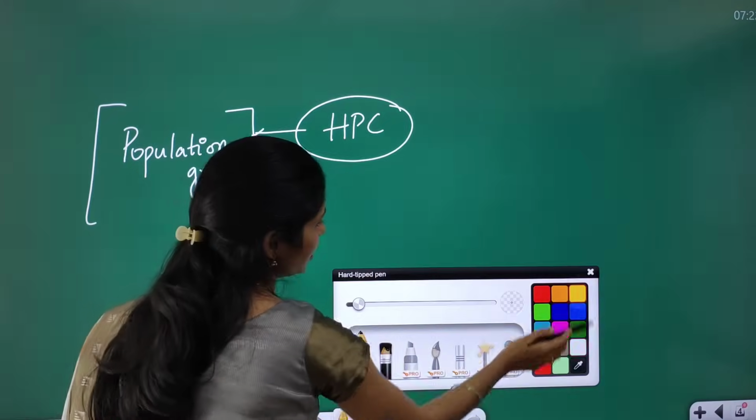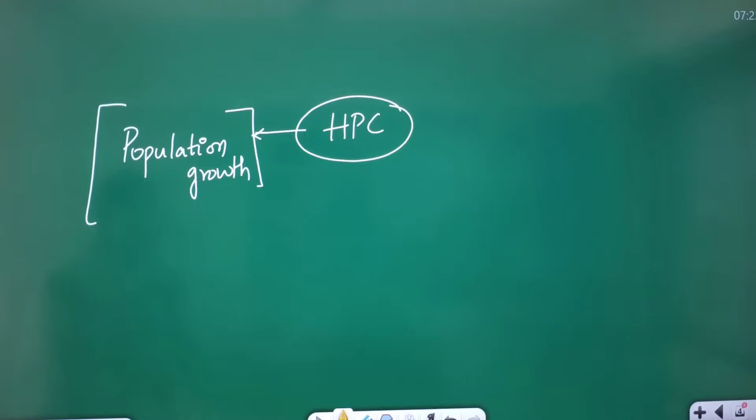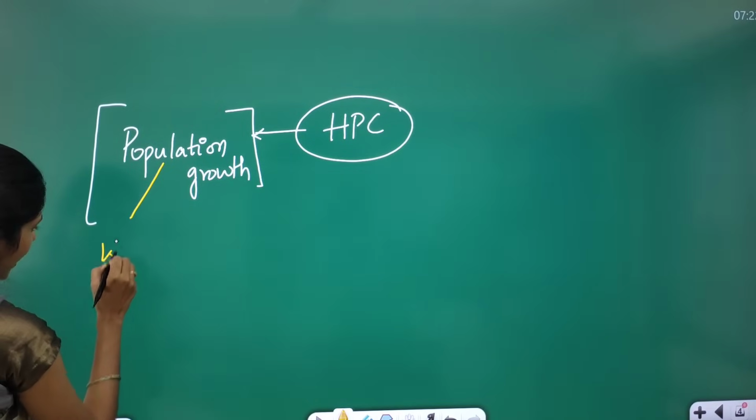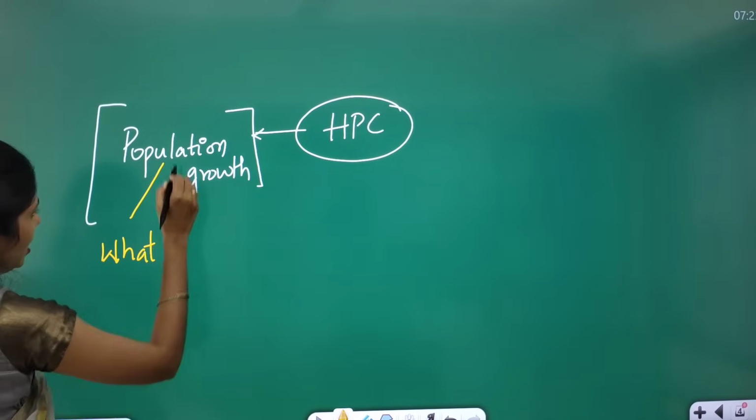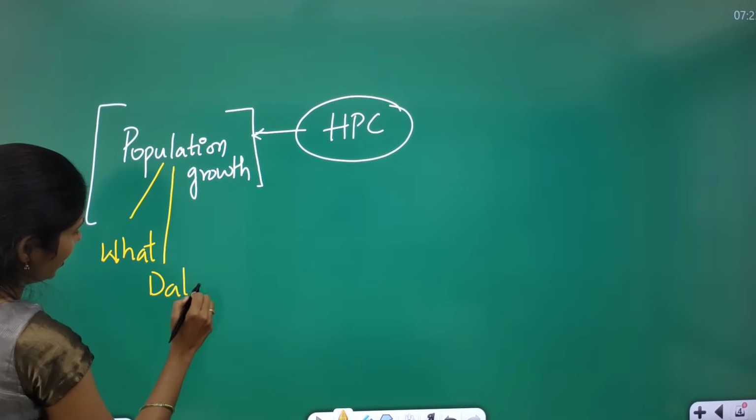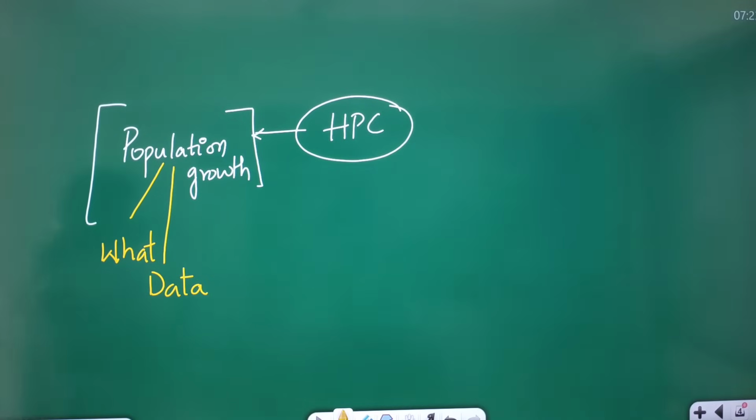Now let us see some dimensions that you have to think about. You have to think about what exactly is the meaning of population, and you have to see the data of population in India, but we don't have new data.